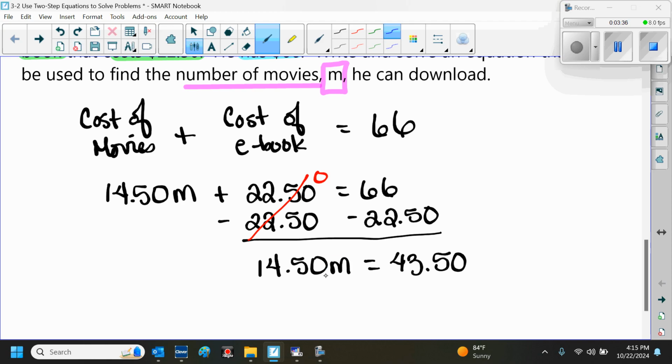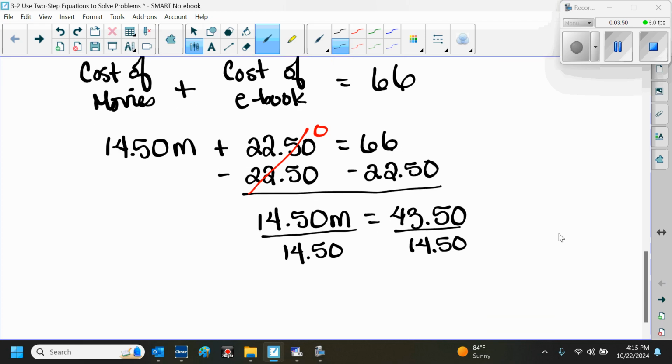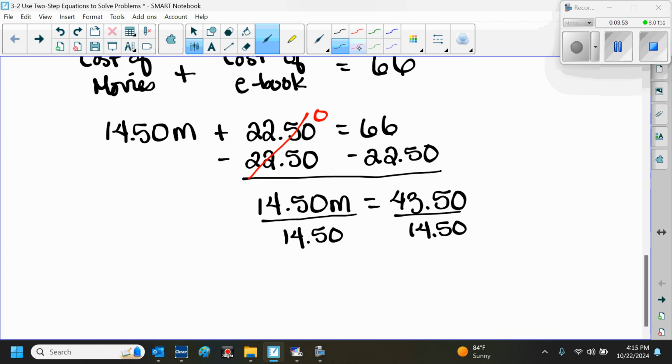So because that says $14.50 times M, we want to divide by $14.50 on both sides. Make sure you show on both sides because that is the properties of equality, okay? So here, $14.50 divided by itself gives us 1, and 1 times M is M.